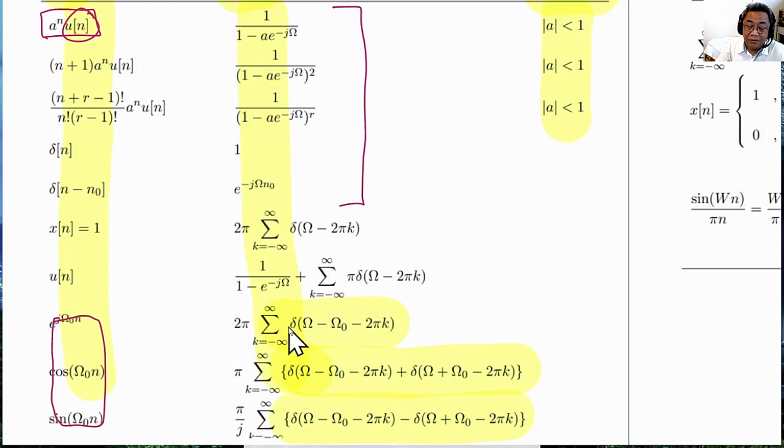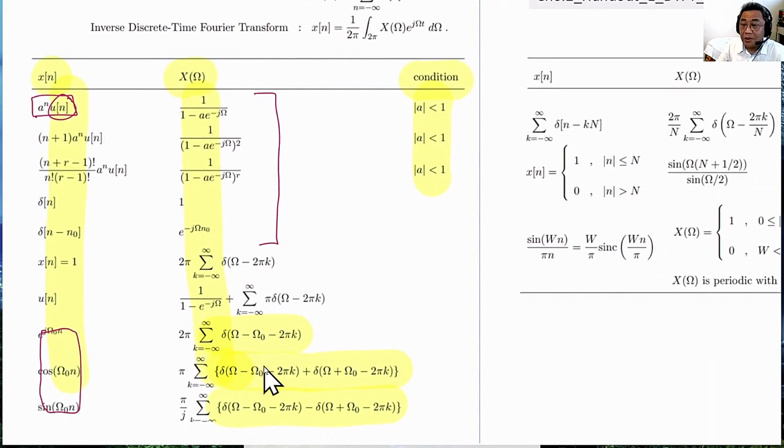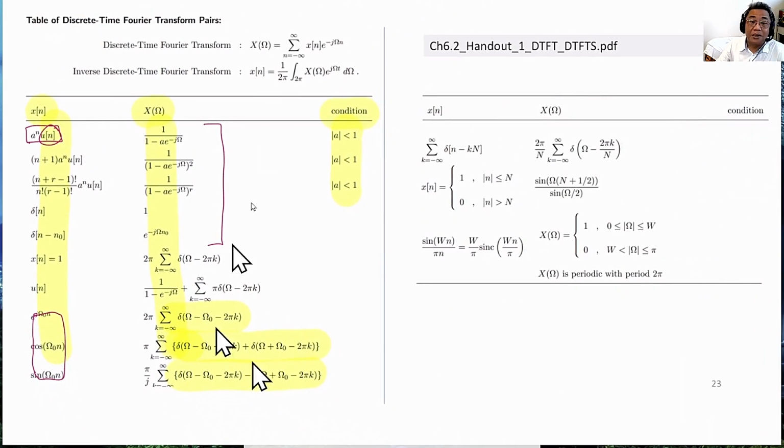And when only certain frequencies are occurring and no other frequencies are occurring, then it shows you that even though X(omega) is continuous, only some frequencies are happening, and only this particular frequency is happening because this particular frequency is periodic. Okay, so that's how we see this table of X(omega).